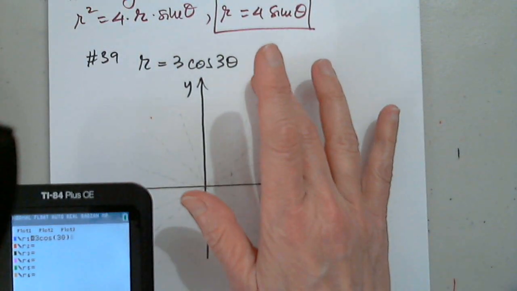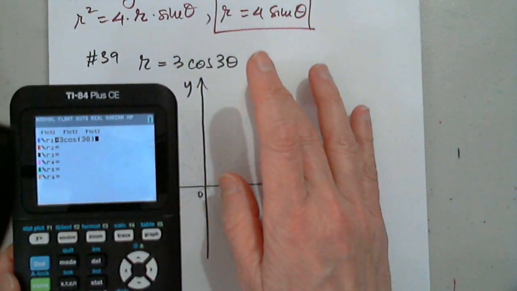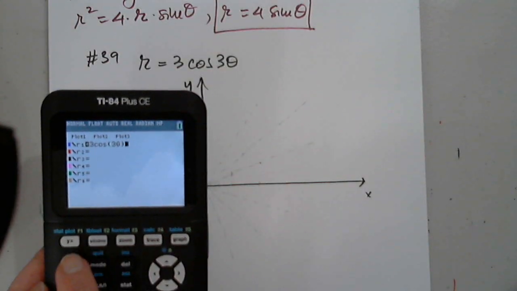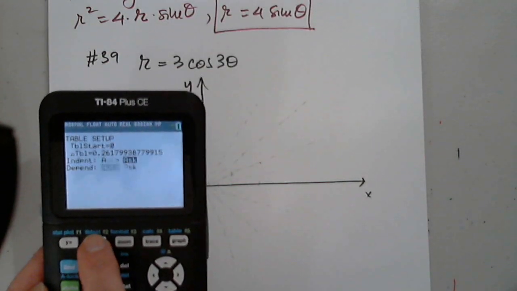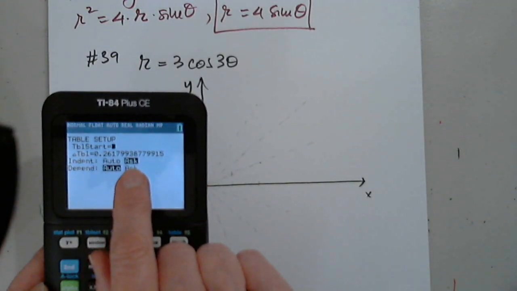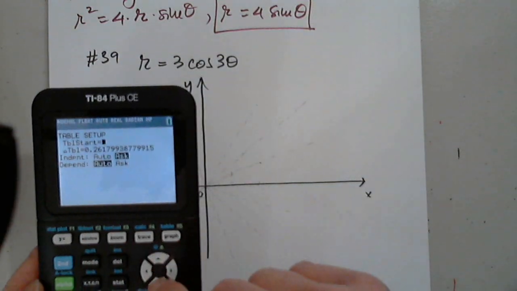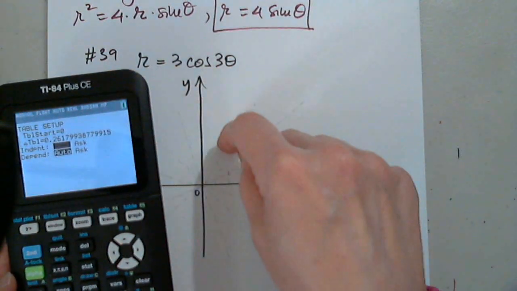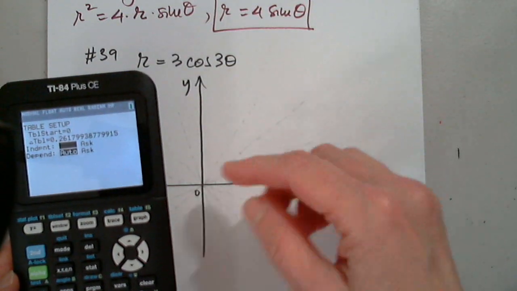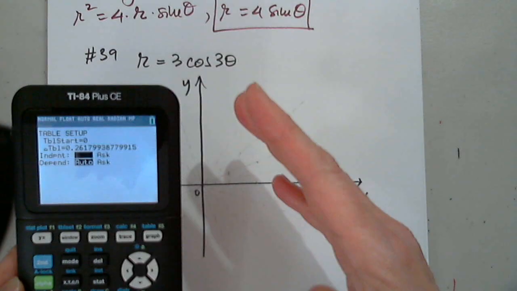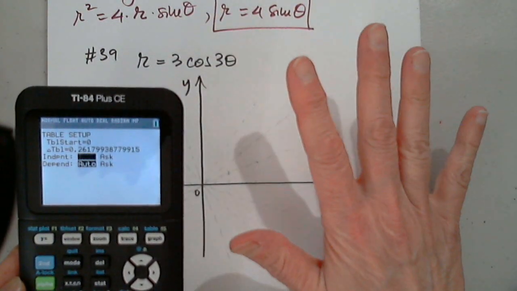So at this point, I am going to change the table set, from second to table set, from the independent in ask mode to the independent in auto mode. Here's why: I don't want to enter each and every angle, 15 degrees, 30 degrees, 45, 60, and so on, in radians, not in degrees.